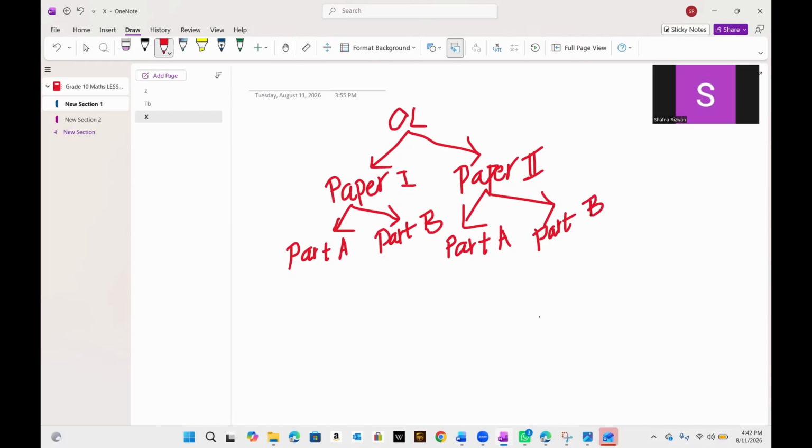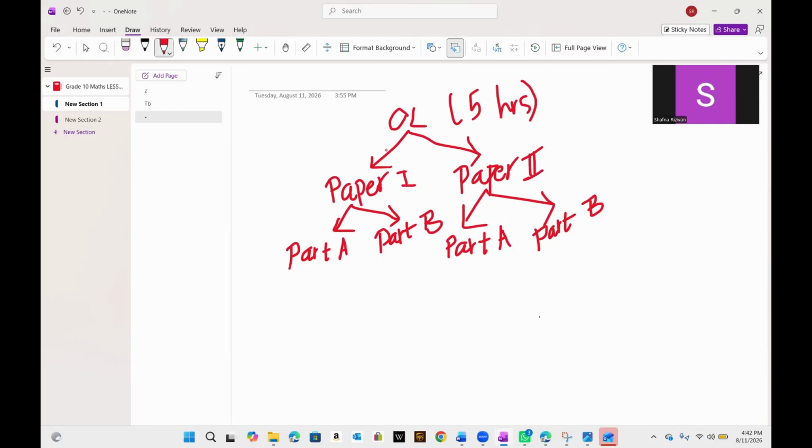Now, normally if you take your O level paper, what is the time duration it takes for you? It will take around 5 hours to complete the O level paper. They will give you 5 hours.